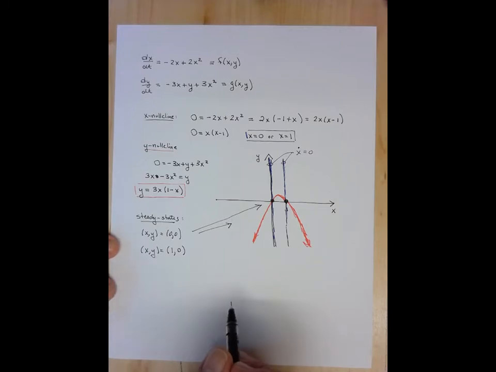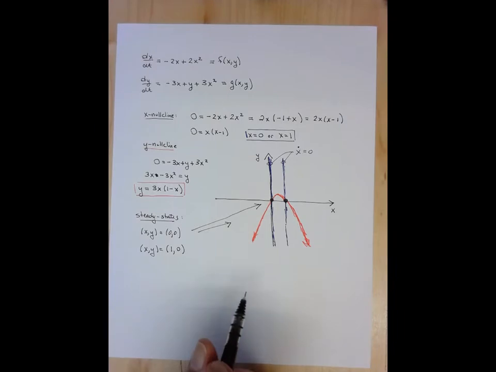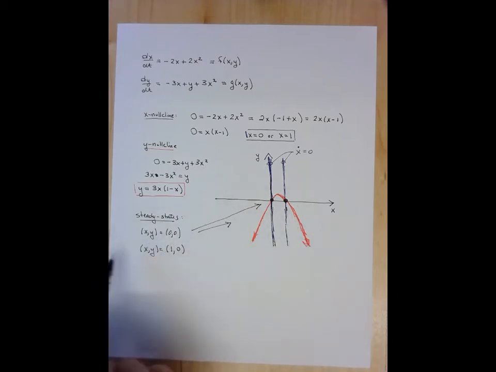So what else can we do? Well, in addition to determining that these steady states occur at the particular values of x and y that we've indicated, we can also analyze the stability of those two steady states.